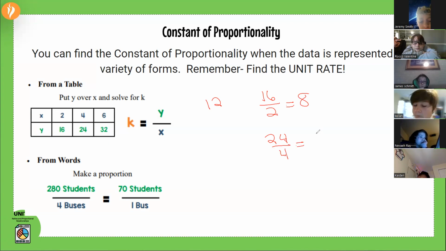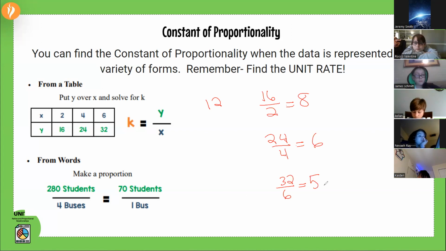That's what Nevaeh was telling me. And 32 divided by 6 is not 8, it is some fraction, right? What's 32 divided by 6? 5.3. So this table does not represent a proportional relationship. Okie dokie.